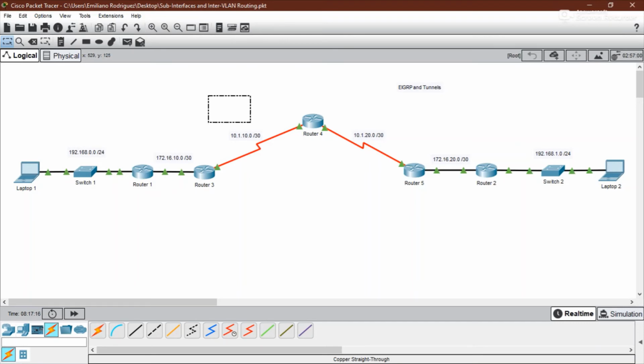Since we are not using EIGRP on our wide area network, router 3 and router 5 will need to build a tunnel so that we can pass traffic using EIGRP from one local area network to the other.